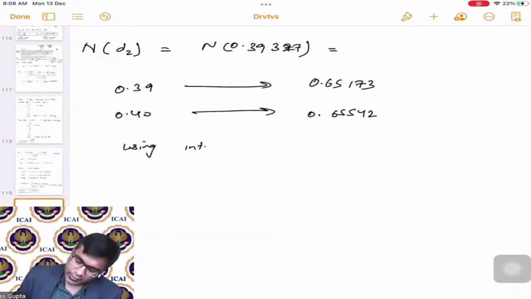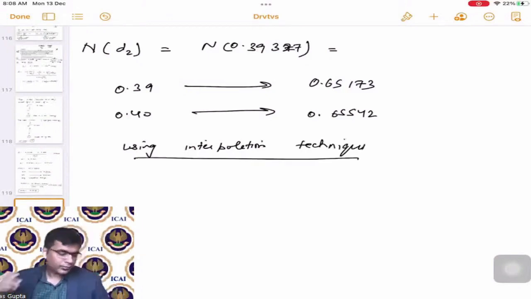Using the interpolation technique, what is the lower value?